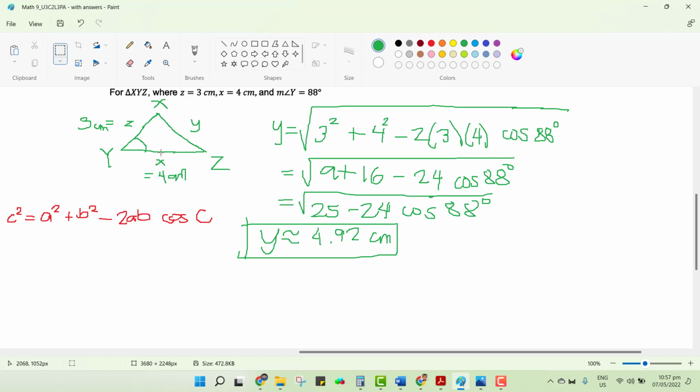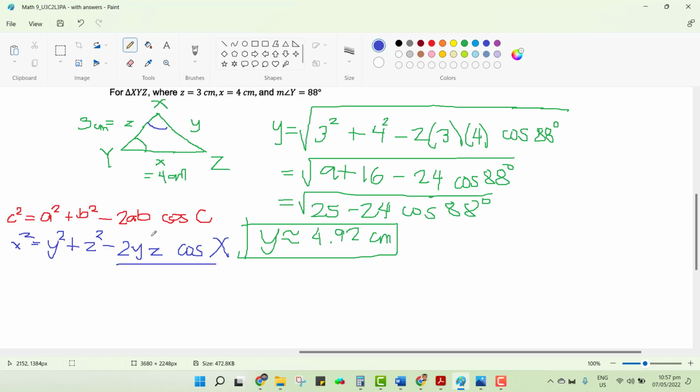To solve for angle x this time, I want us to solve angle x first. If this is angle x, then x squared is equal to y squared plus z squared less 2yz cosine x. That's what we are solving here.